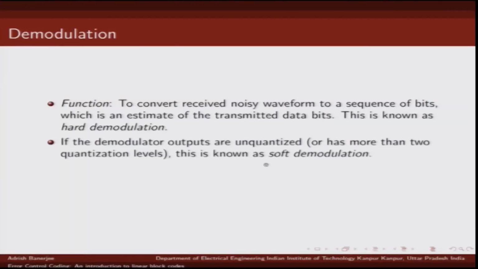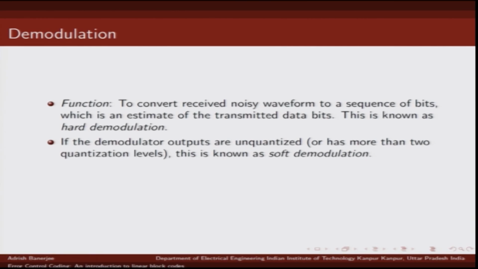There is also something called soft demodulation. What if we keep the received noisy values of the sequence unquantized, instead of quantizing them directly to zeros and ones? Then this type of demodulation is known as soft demodulation. Now, what is the advantage of soft demodulation?